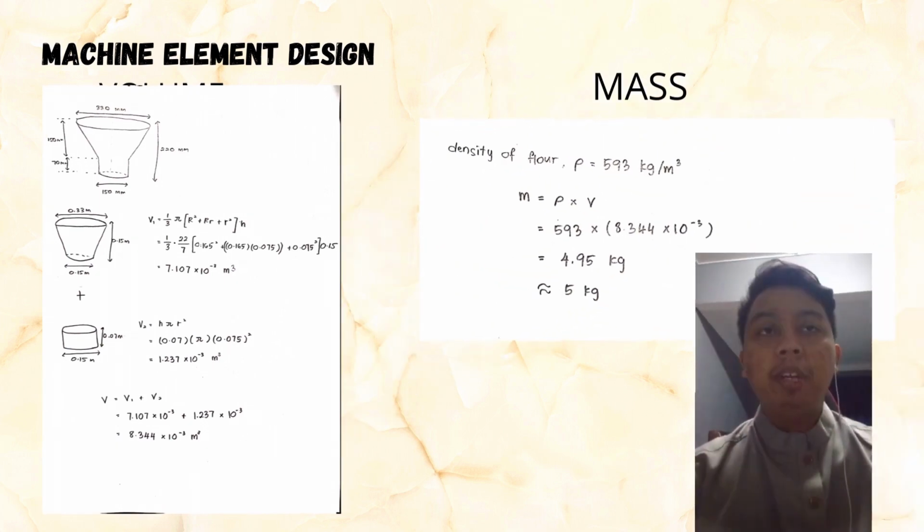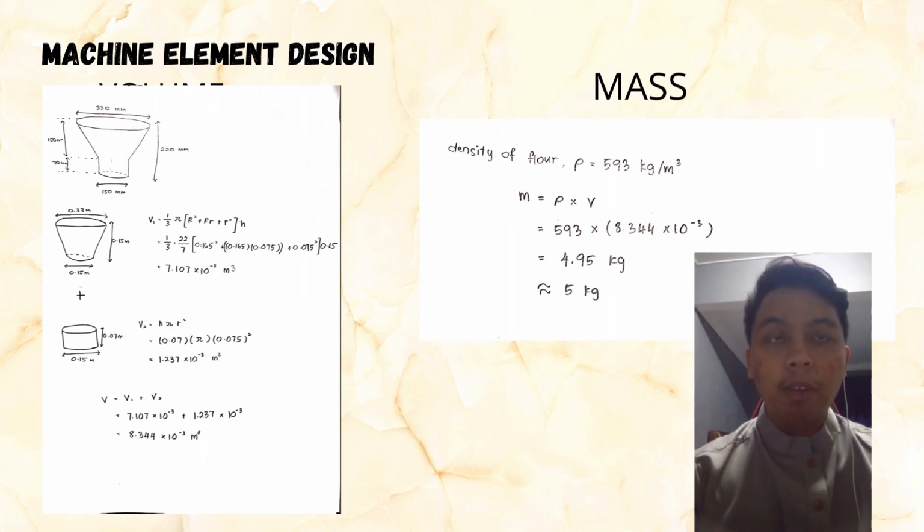For machine element design, we want to calculate how much weight of flour can fit in our flour sieve machine. Firstly, we need to calculate the volume of our flour loaf which contains the flour. From the calculation, we get a total of 8.344 times 10 to the power of negative 3 meter cube.